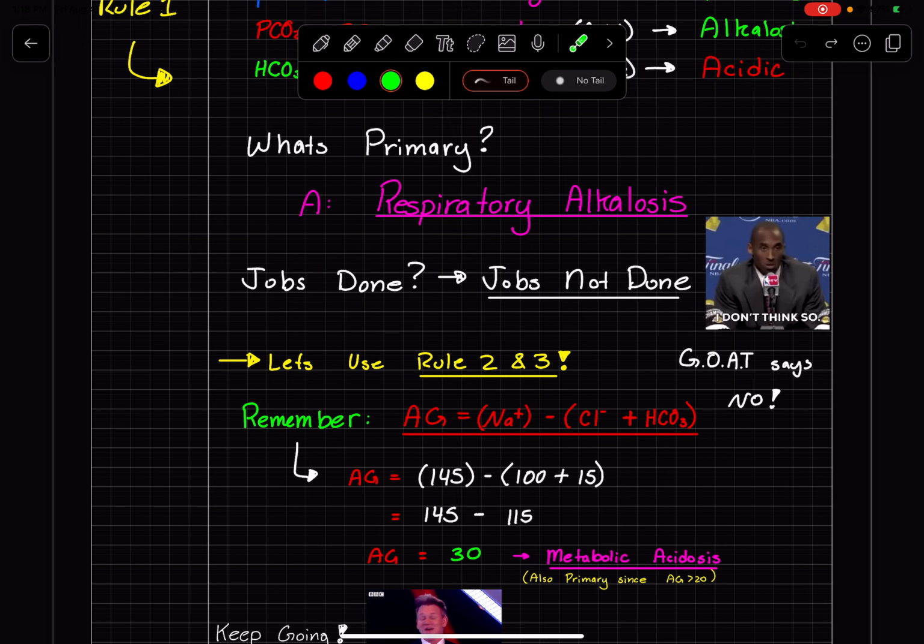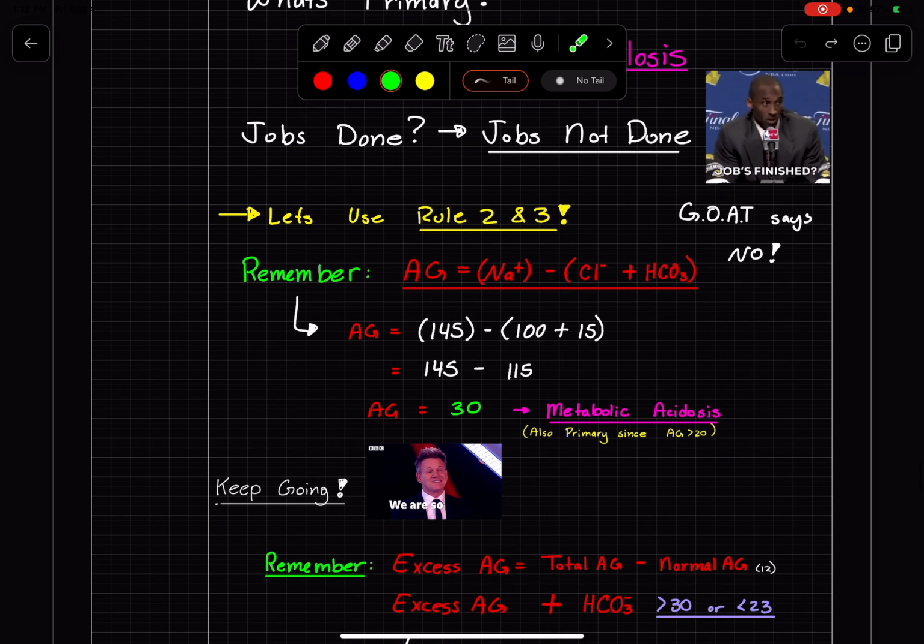Okay, let's use rule 2 and 3. So what I want you to remember from rule 2 and 3 is those formulas, right? So rule 2's formula was anion gap equals sodium minus chloride plus bicarb. So cations minus anions.